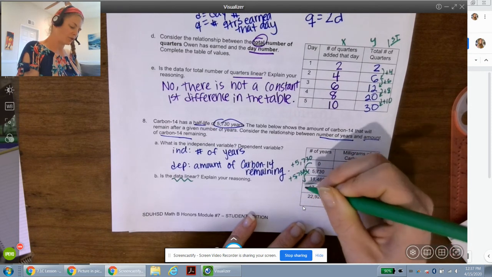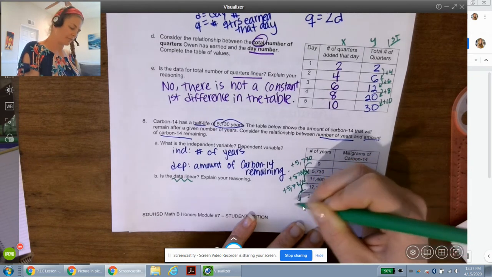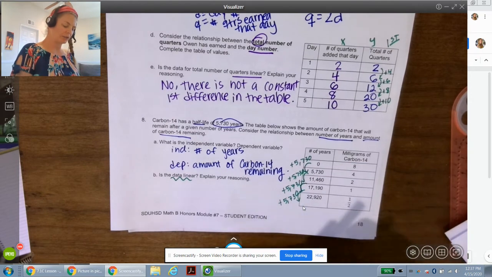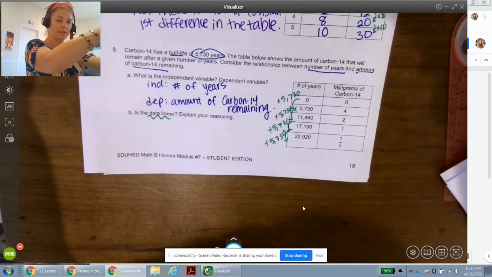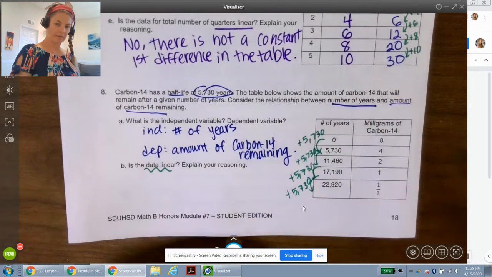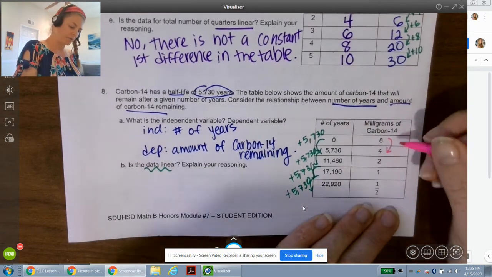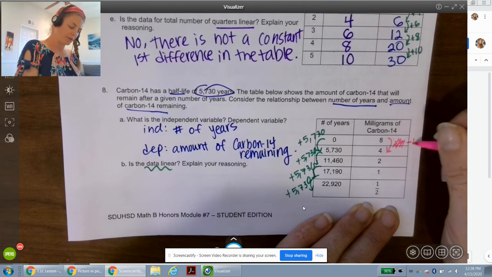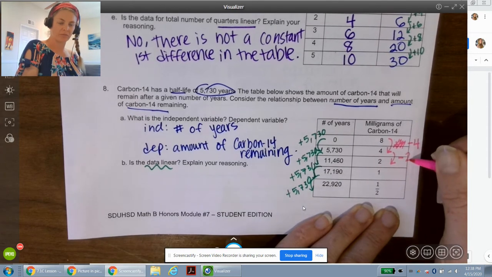So for this rate of change, we can look to see if we have a constant difference in our dependent variable here. 8 to 4, we subtract 4. 4 to 2, we subtract 2.